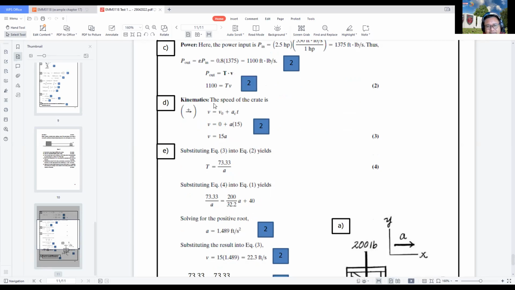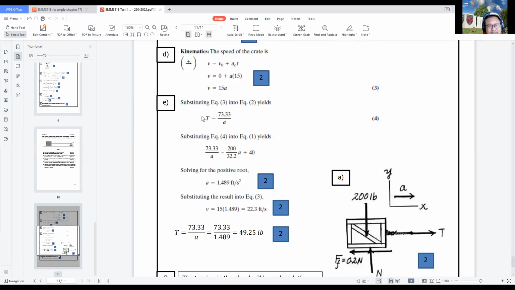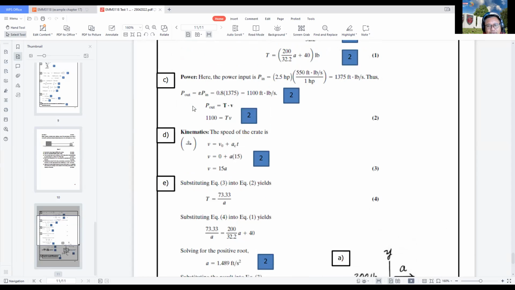For the kinematics, the speed of the crate you can derive like this. So v is equal to 15a because v0 is 0. It starts from rest, right? And after you substitute equation number 3 into this equation, then you can get equation number 4.